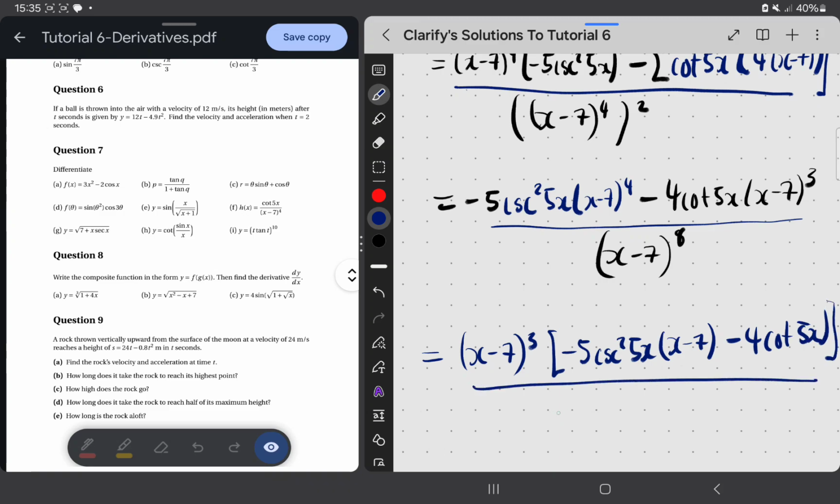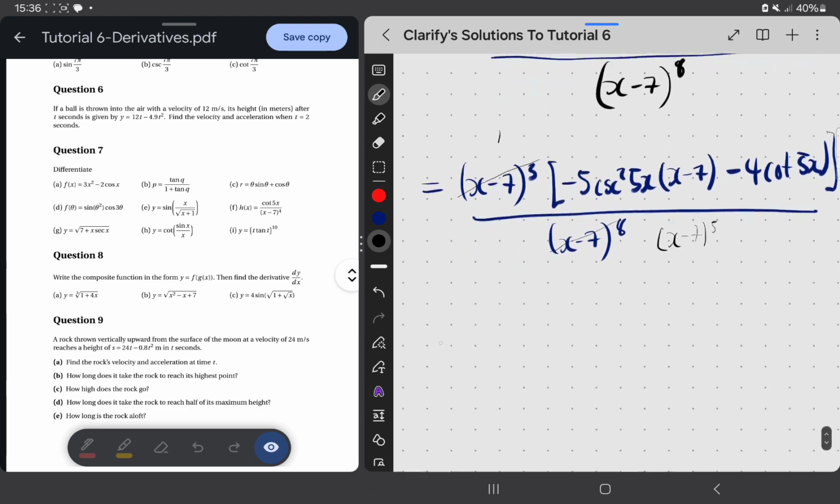Then it's all over x minus 7 to the power of 8. So x minus 7 to the power of 3 into x minus 7 to the power of 8, you reduce the powers because you are dividing things with the same power. You subtract those powers. 8 minus 3 is 5, so it becomes x minus 7 to the power of 5.